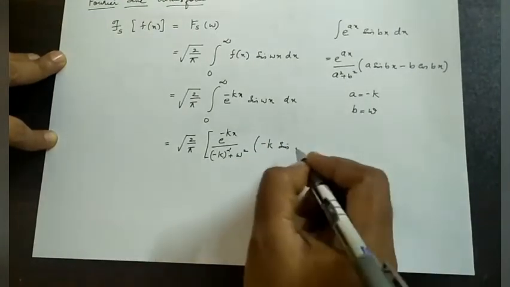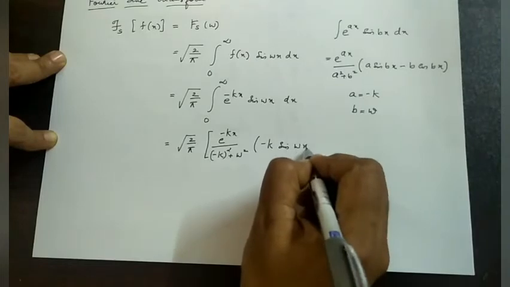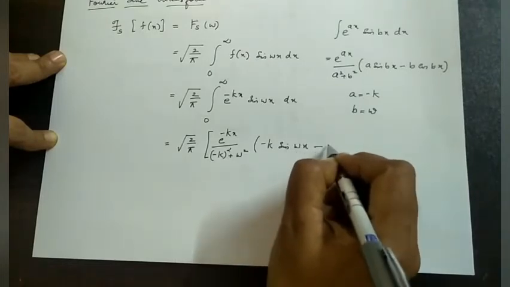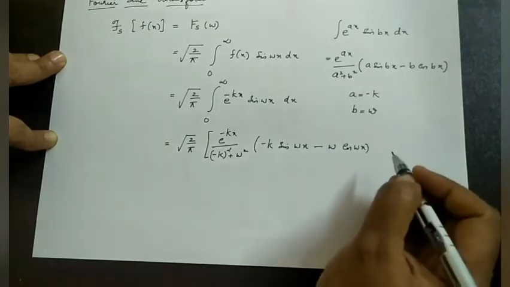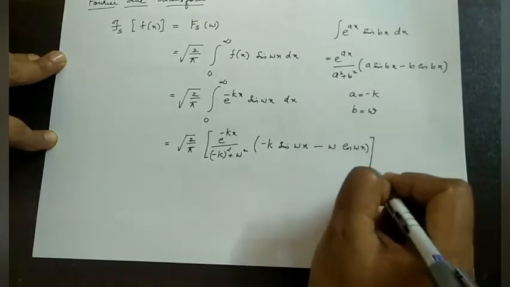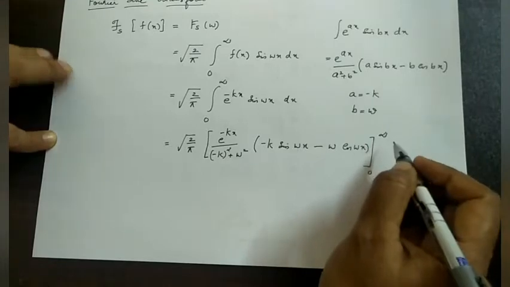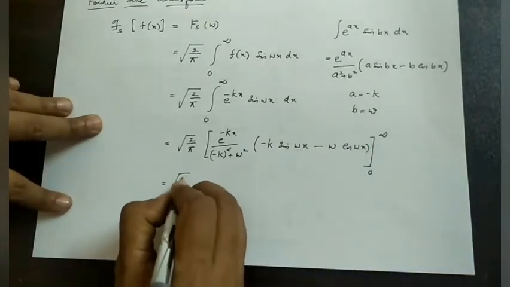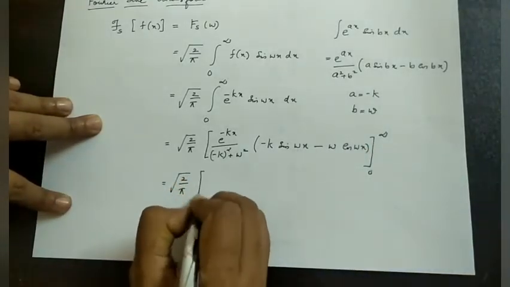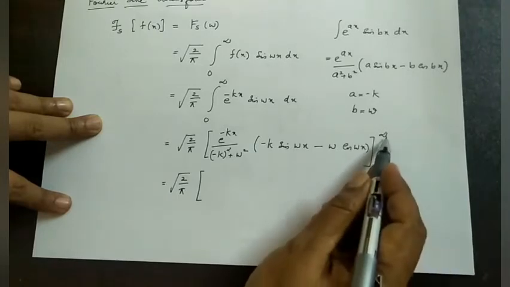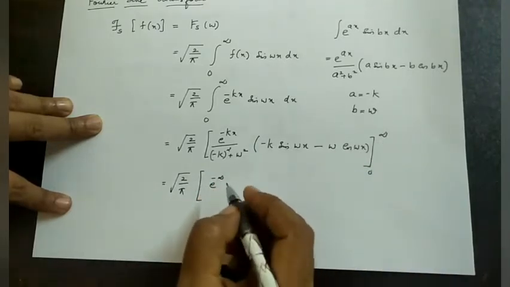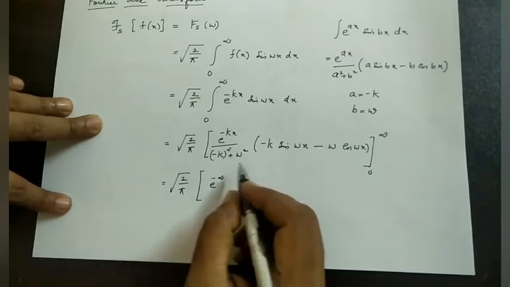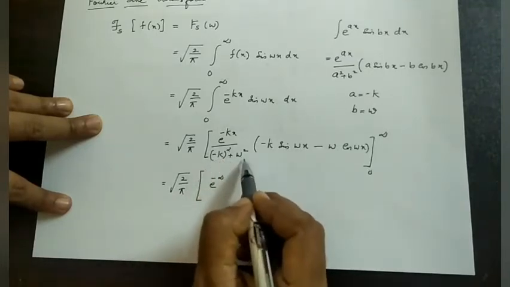sine omega x minus, in the place of b we have omega cos omega x. Now limit from 0 to infinity. Now root 2 by pi into first the upper limit, that is e raised to minus infinity by k square plus omega square.